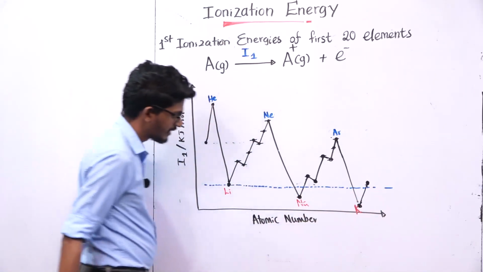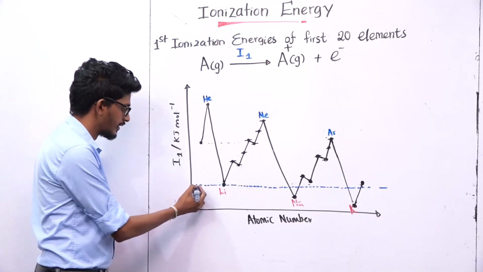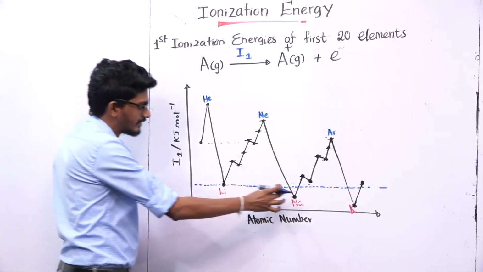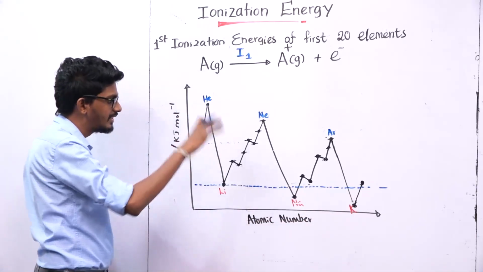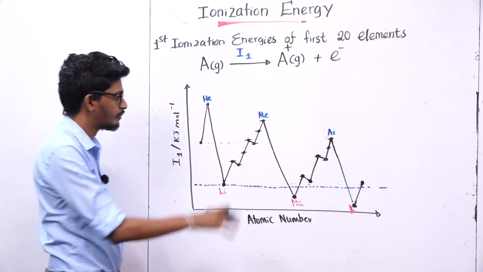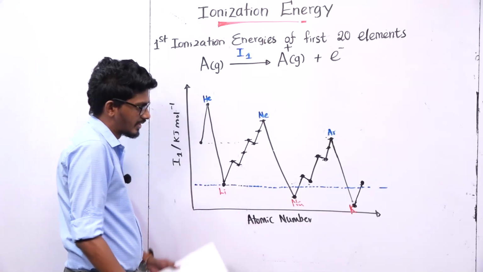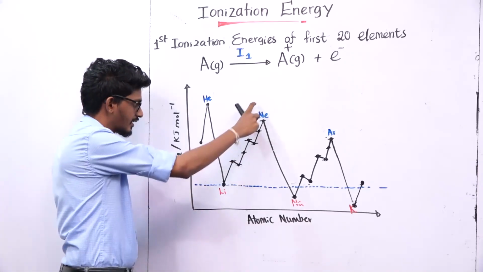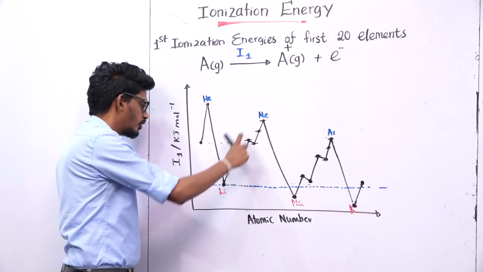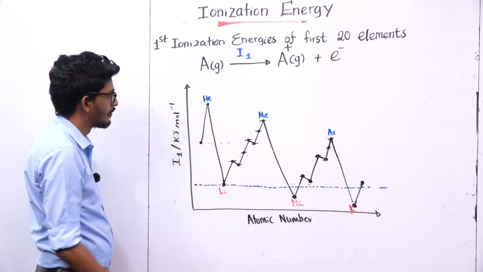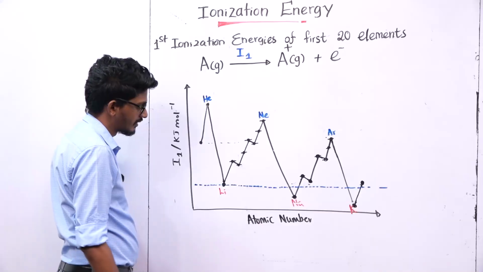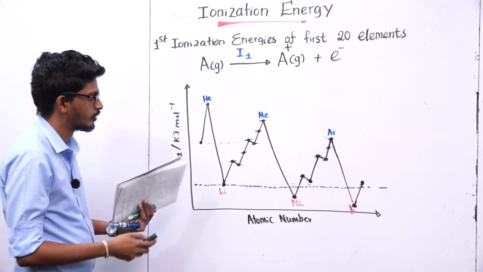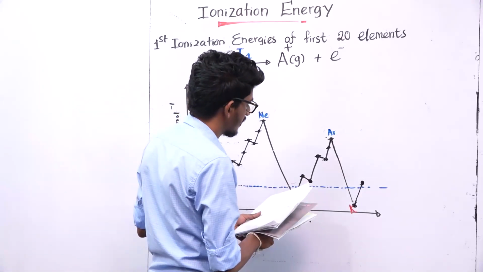The three group 1 elements show the smallest values. That is very important: yet again the group 1 shows the minimum values. So we can mark them, and I'll write it here.